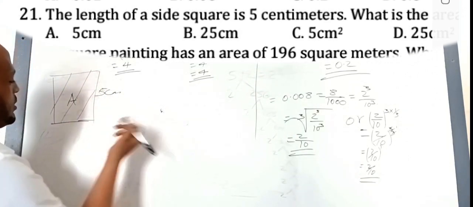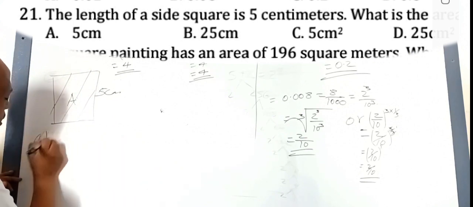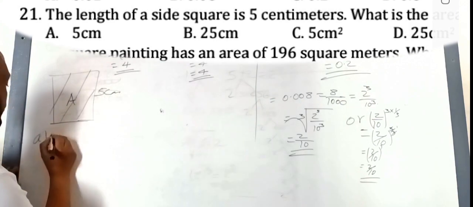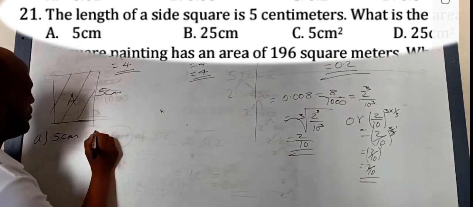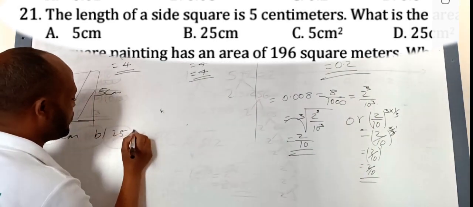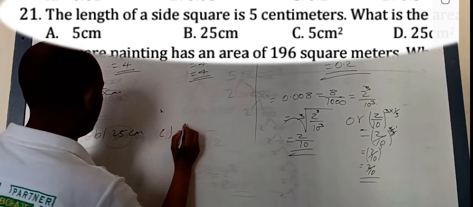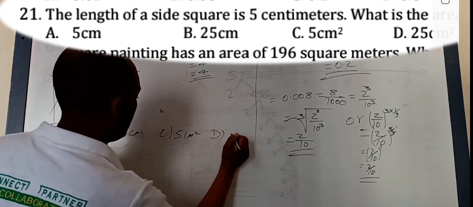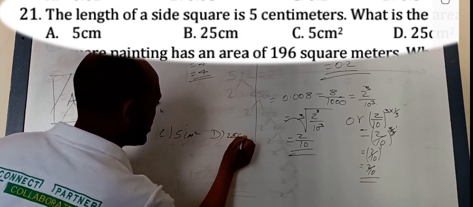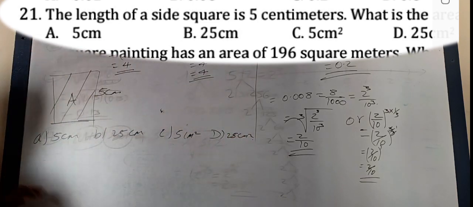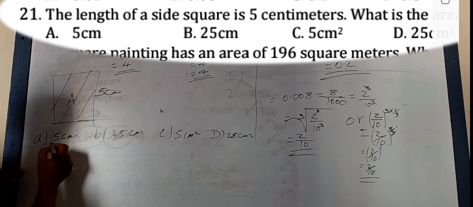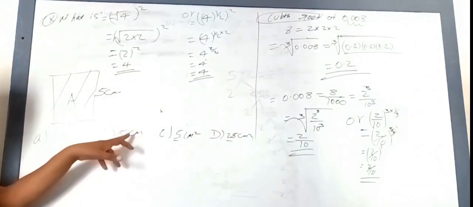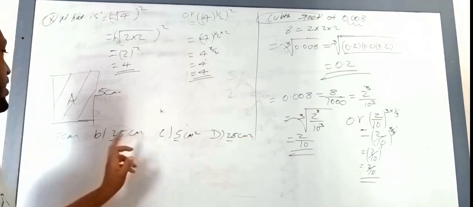The options are A, 5 centimeter, B, 25 centimeter, C, 5 centimeter square, D, 25 centimeter square. So the numbers 5 and 5 are the same, 25 and 25 are the same. So what's the difference between this and this?